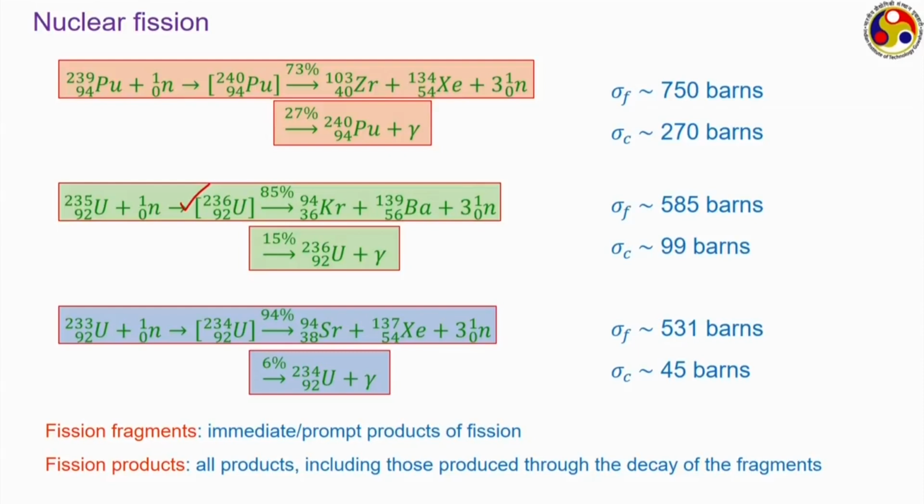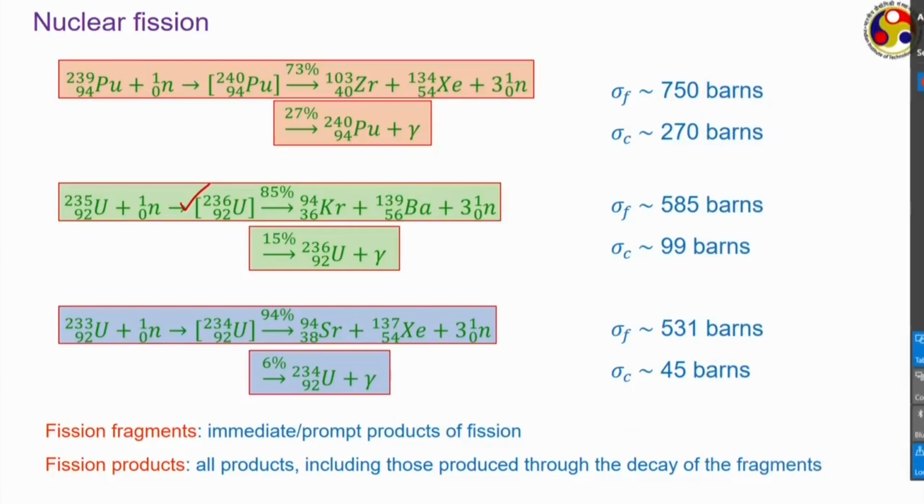Krypton 94 and barium 139 is only one possible option, but it can produce any types of fission fragments, and any number of neutrons. The number of neutrons can vary from 1 to 7, with an average of approximately 2.5.